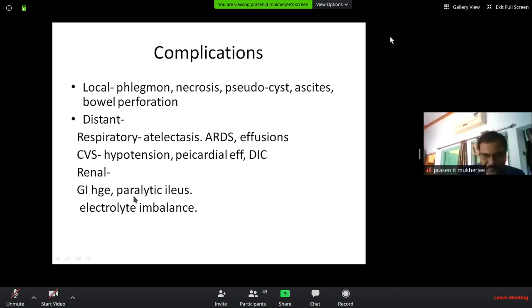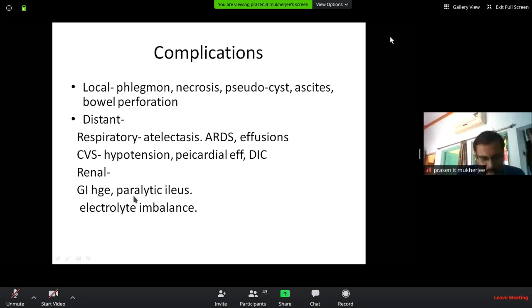We are very scared about DIC because there is thrombus and excessive bleeding, both occurring simultaneously. Regulation of coagulation is lost. And renal: when there is severe hypotension, it may lead to renal failure.